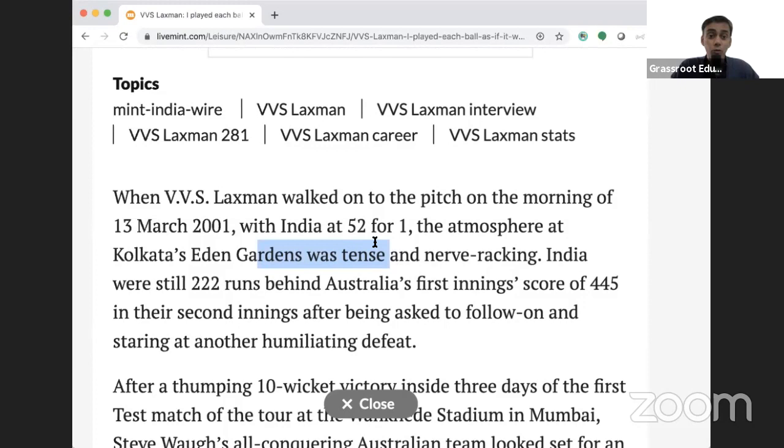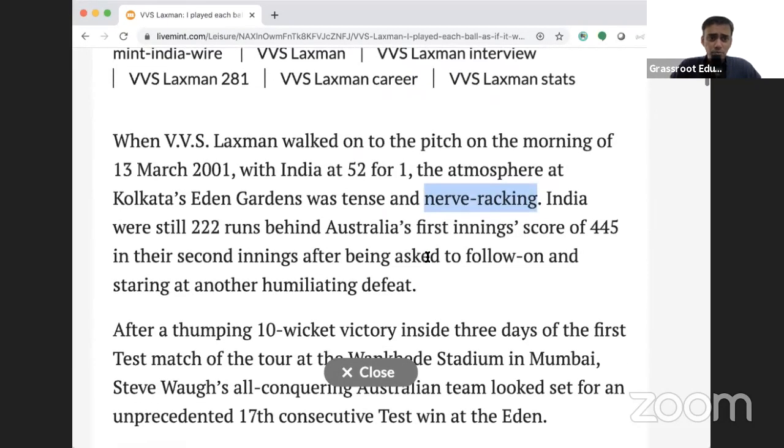People were worried about what would happen because India was not in a very good position. It was tense and nerve-wracking. Nerve-wracking is another intensifier for tense, basically. Extremely tense, and people are jittery. People don't know what to do. They are very, very nervous.